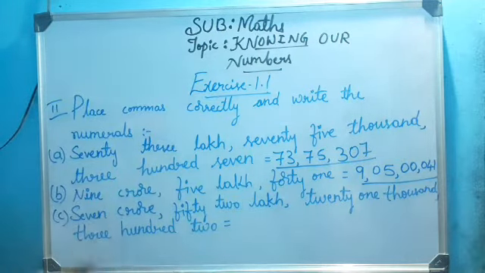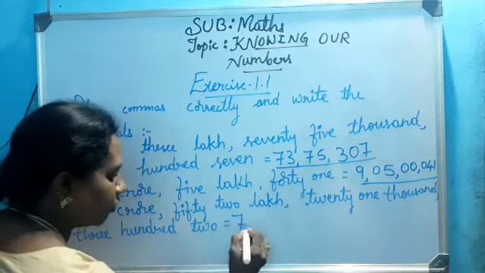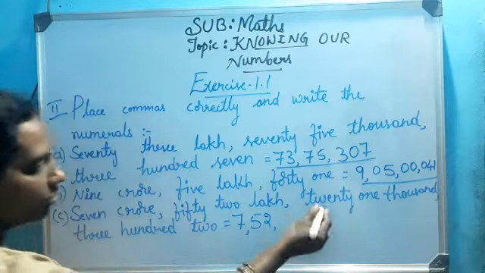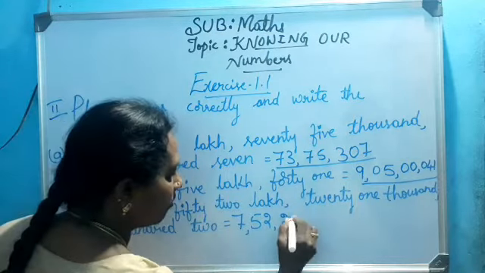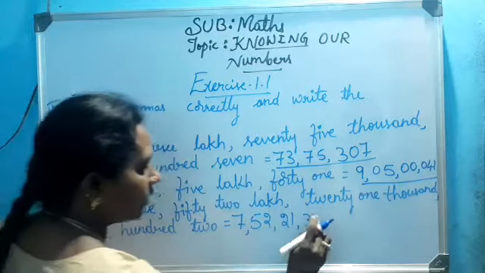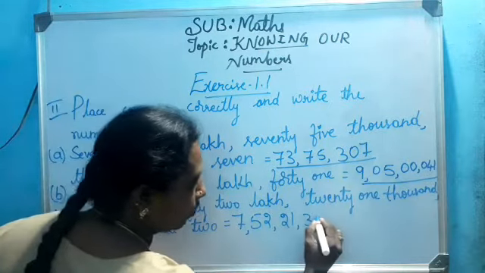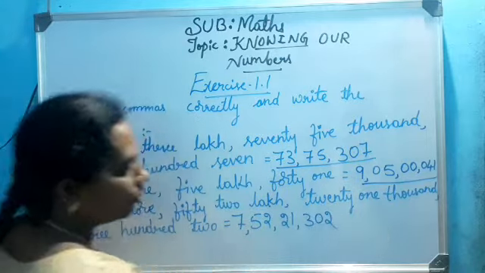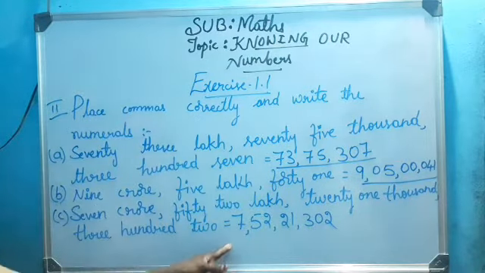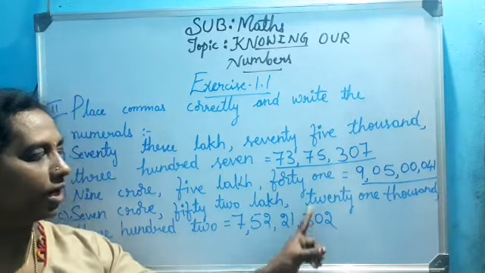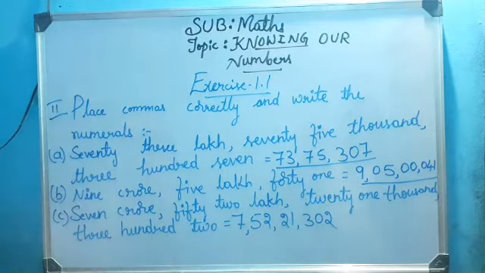See, 7 crore as it is, then 52 lakh, then 21,000, okay, 300. There is no number in the tens place, so you put the 0 there. Again in the unit place 2. 7 crore 52 lakh 21,302.